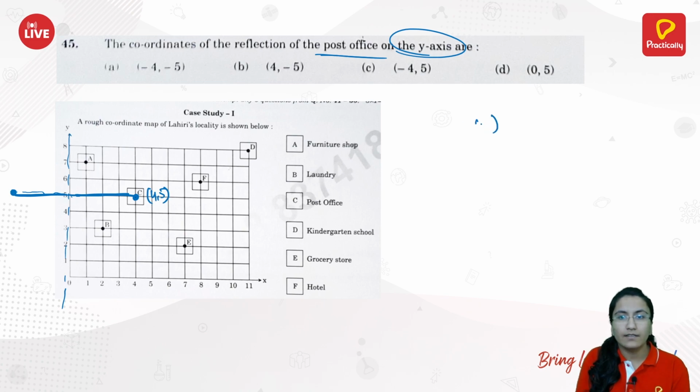So y coordinate is definitely 5. So what would be the x coordinate? From 0, this distance is 4. So from 0 this distance would again be 4, but on the negative side. So the coordinate you would be reaching is minus 4. So that means minus 4, 5 is the correct answer.